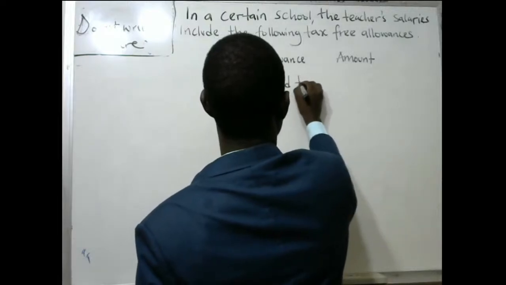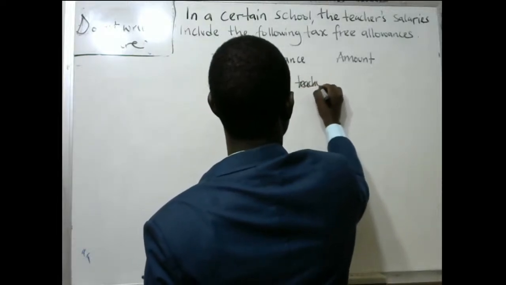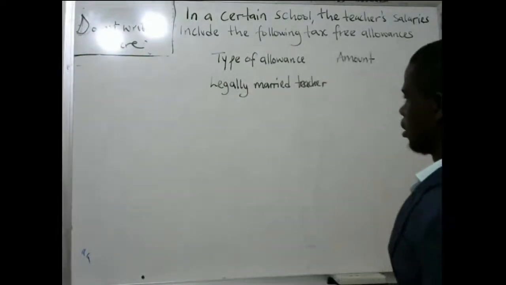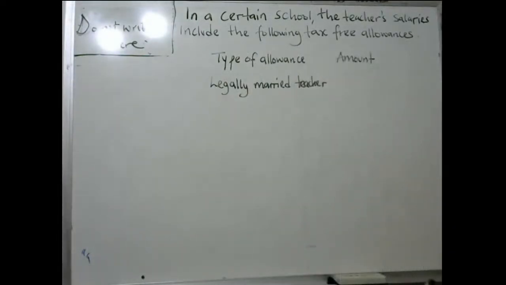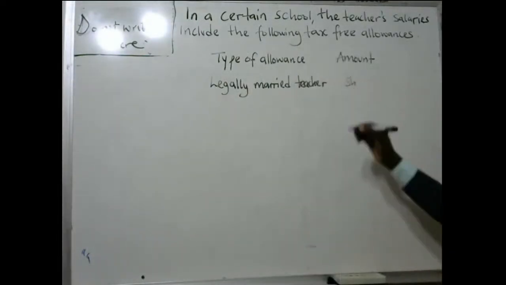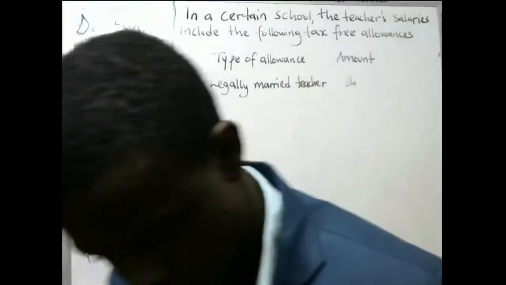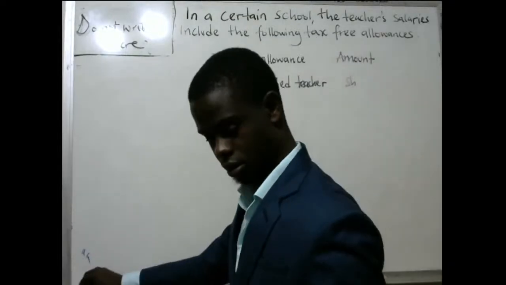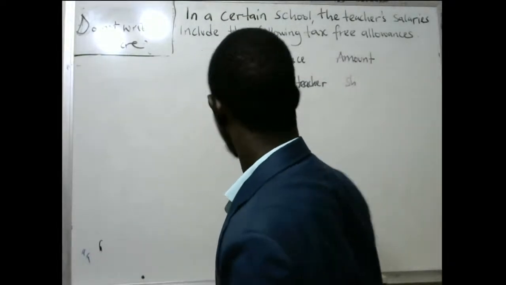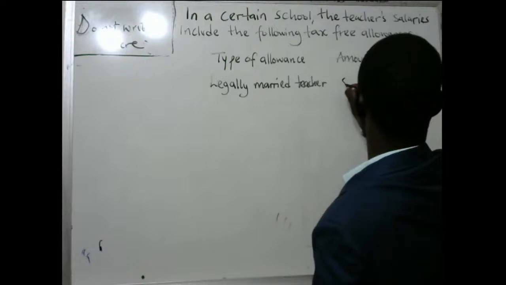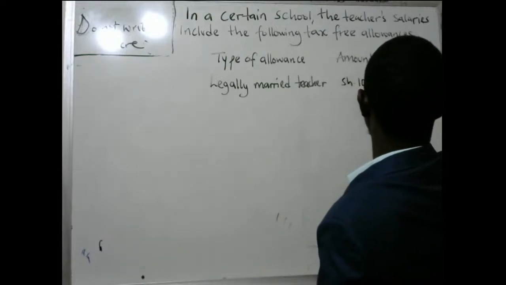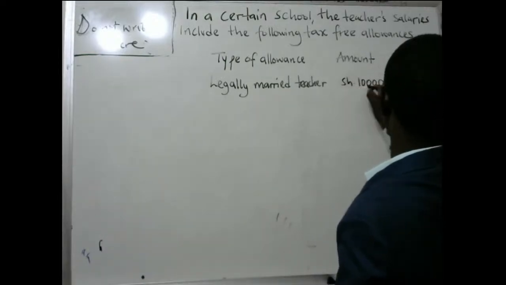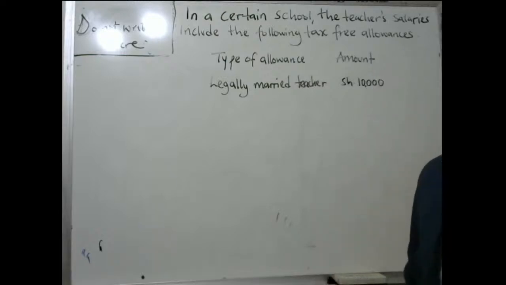The amount that they receive is shillings 10,000 for being legally married.